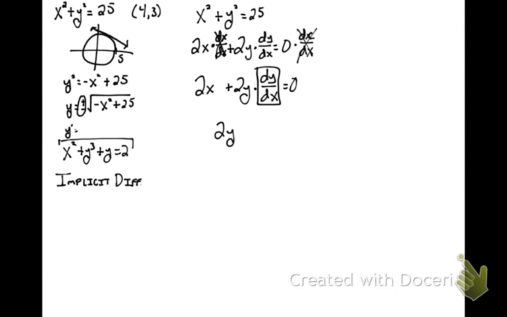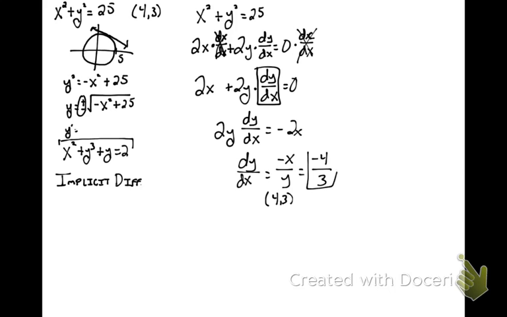Subtracting 2x from both sides, we're left with 2y dy/dx equals negative 2x. Dividing both sides by 2y, we find that dy/dx is equal to negative x over y. And since we're looking specifically at the point 4, 3, then dy/dx must be negative 4/3, or the slope of the tangent line must be negative 4/3.